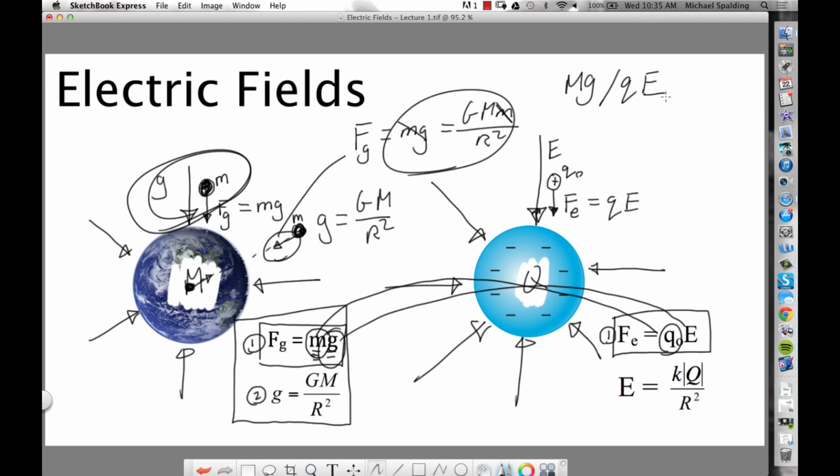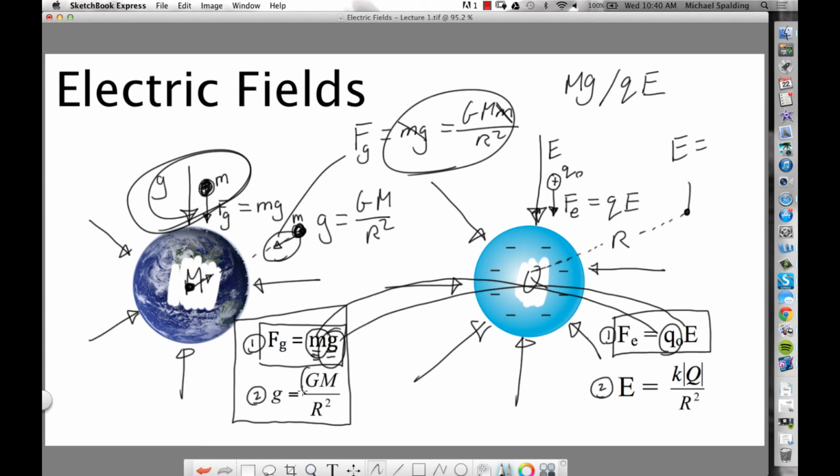Okay. Now, second thing. Look, this is getting messy, but we can do it. If you want to find the electric field at a distance from a big charge, so you travel a distance r away from the big charge and you want to calculate the electric field at that point, notice that this second equation is the same as the equation we would use in a gravitational field problem.